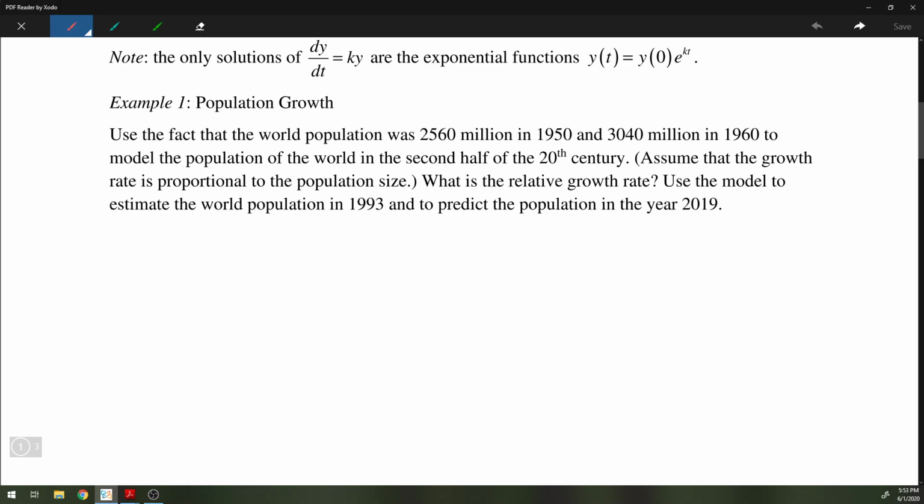So first of all, this is a case where the growth rate dp dt is equal to some constant k times the population. If we were to isolate k, then 1 over p times dp dt is equal to k, which of course is the relative growth rate.